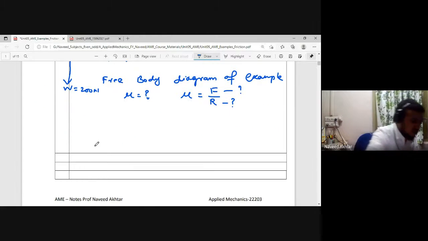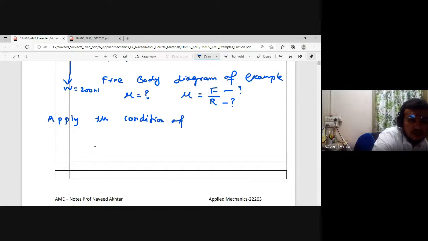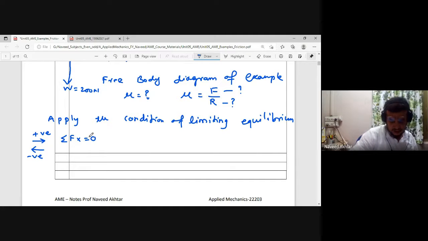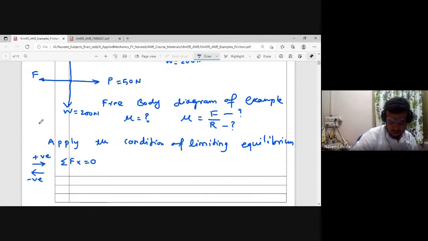Okay. Now how can we know this one? Now apply the condition of limiting equilibrium. तो हम अप्लाई करेंगे तो क्या हो जाएगा? कंडीशन ऑफ लिमिटिंग इक्विलिब्रियम, दैट इज फर्स्ट वी विल टेक समेशन ऑफ एफ एक्स इज इक्वल टू 0. तो एफ एक्स अगर हम देखेंगे, आई विल से द राइट साइड पॉजिटिव, तो लेफ्ट साइड जो फोर्स जाएगा वो निगेटिव हो जाएगा. तो फ्री बॉडी डायग्राम हम देखेंगे तो P इज इक्वल टू एफ है ना, तो क्या हो जाएगा?